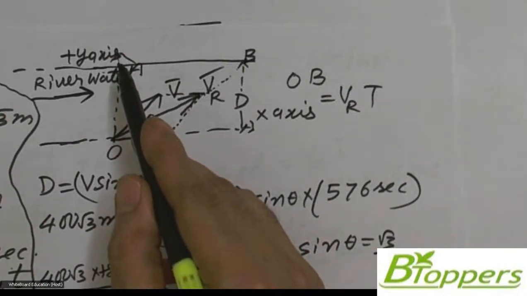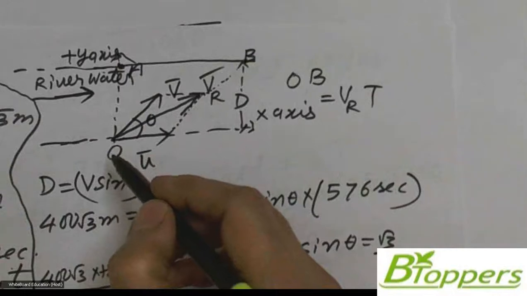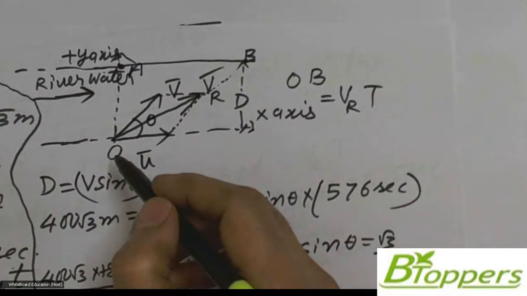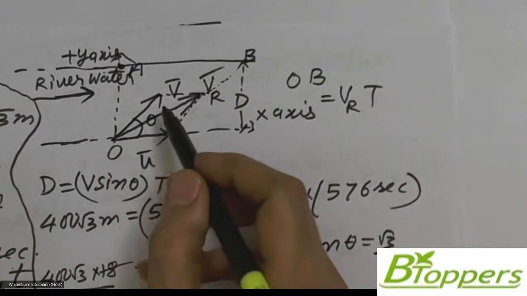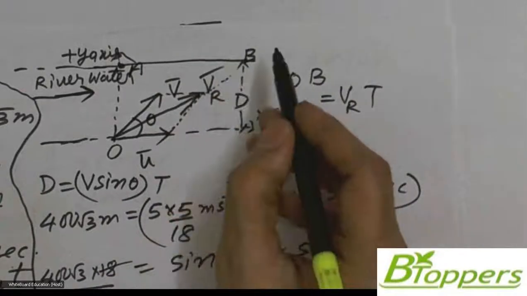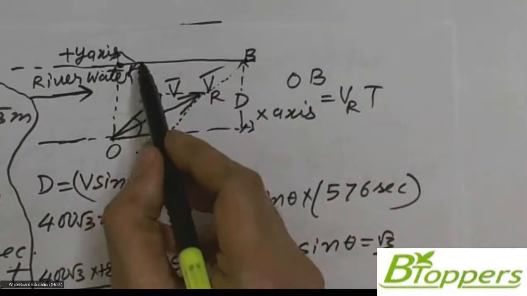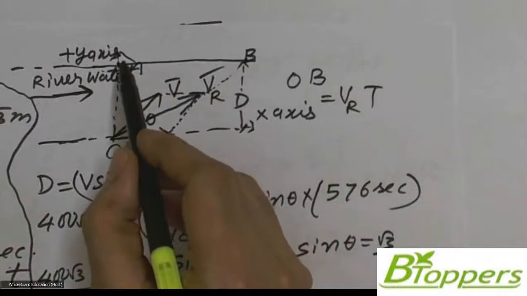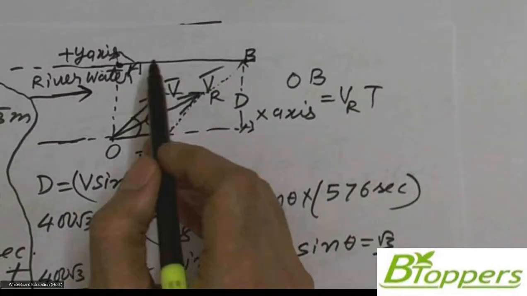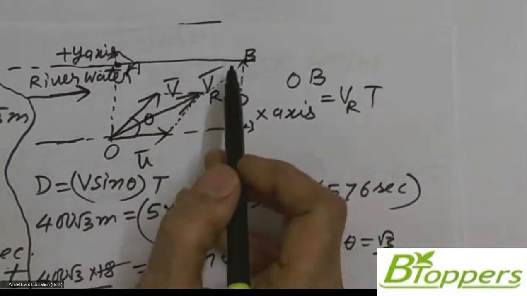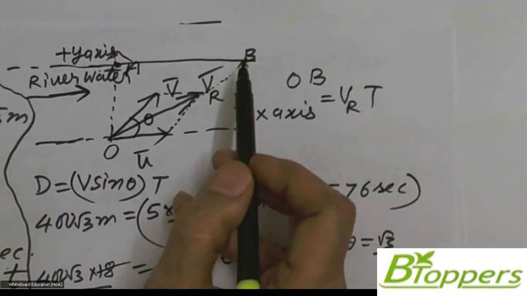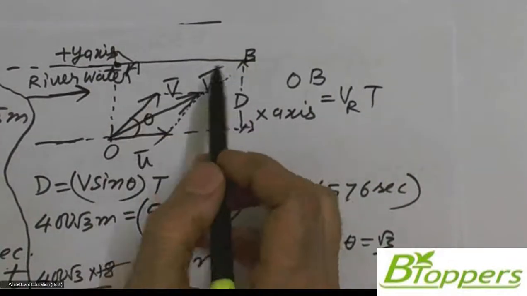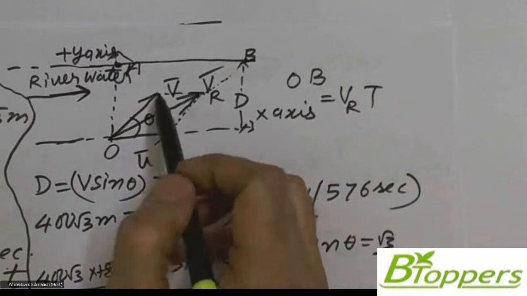A is the point on the other bank directly opposite to the initial position O. And the boat reaches the other bank at the point B. So distance from A to B gives you the distance moved by the boat down the river along the direction of water flow, or we can say it is the displacement along x-axis.